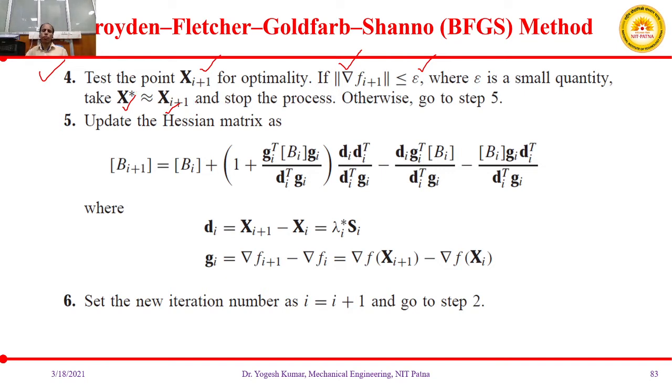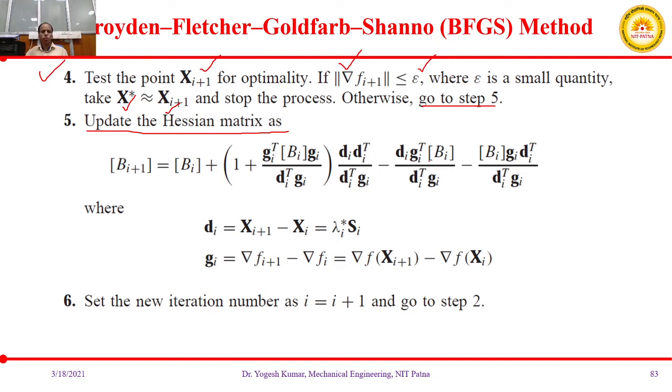Otherwise, if it is not meeting the termination criterion, you go to step 5, where you update your Hessian matrix, that is the B matrix.